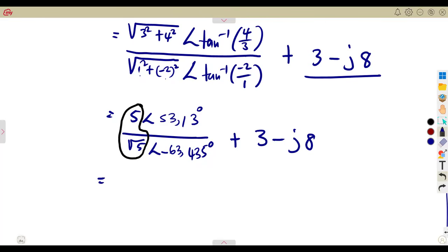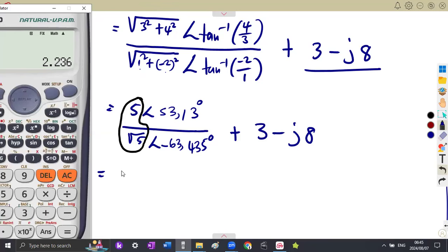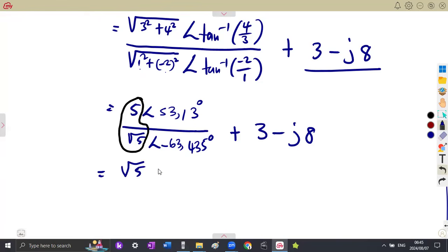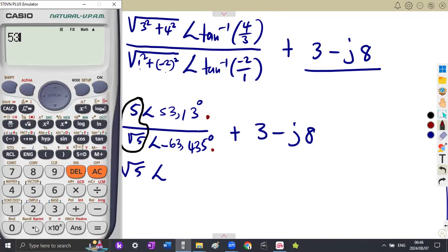Let us just see here. 5 over the square root of 5. Okay. So that is the square root of 5 in this case, which is same as 2.236. So we have got square root of 5. Into the angles. Remember what you are going to do with the angles? You subtract. So meaning to say this is going to be given as 53.13 minus, you subtract this angle which has got a negative.